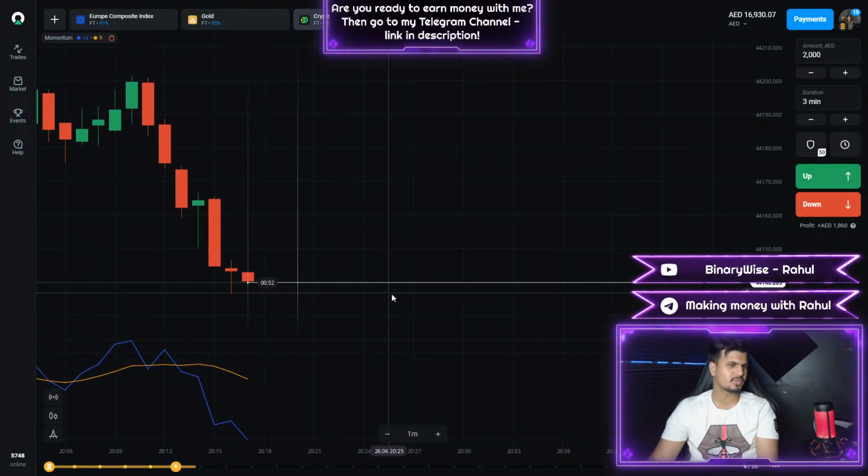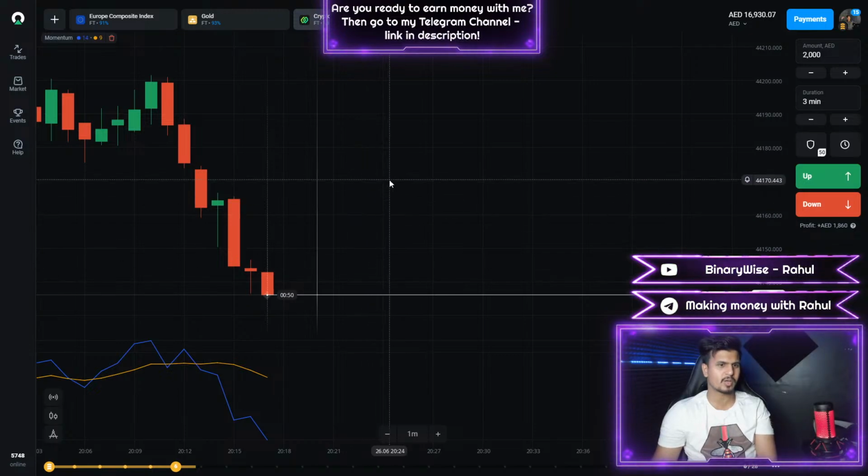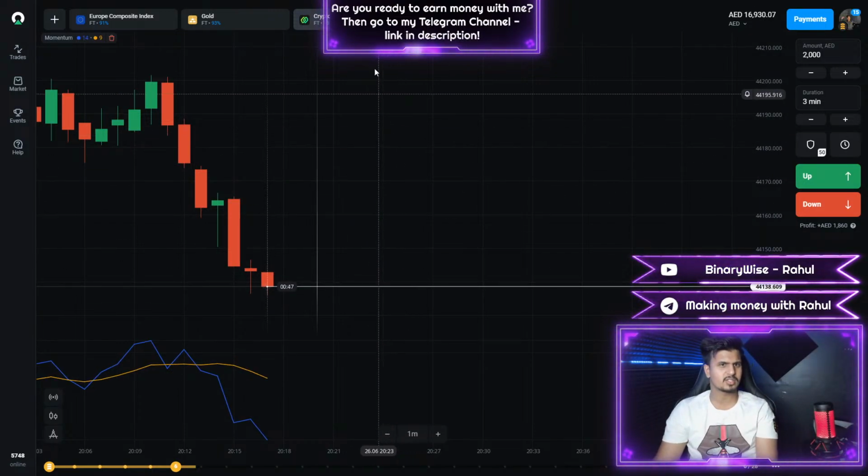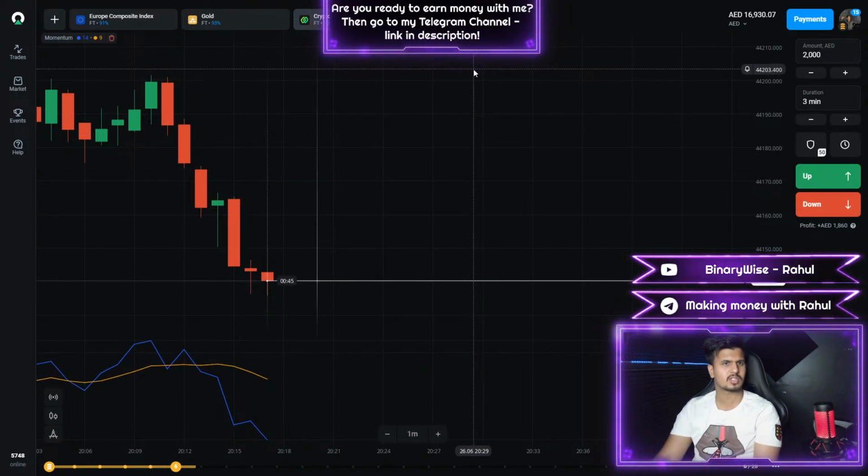It is still moving downward. Instead of this, it has to move upward. But it's okay, we can check another composite index. Oh, this is the crypto already.